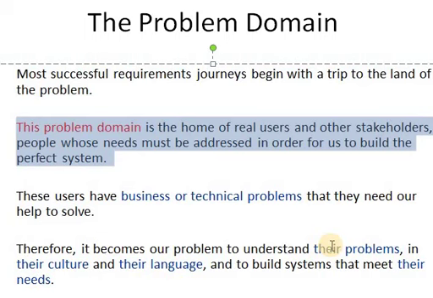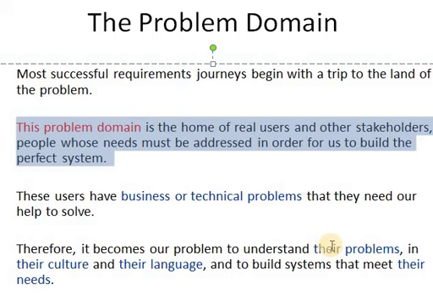This problem domain is the home of real users and other stakeholders, people whose needs must be addressed in order for us to build the perfect system. So basically, the problem domain is the home of the real users and the stakeholders. They tell us what they want in shape of requirements, in shape of problem description. So in order to build a successful software or a perfect system, first we need to understand the problem domain.